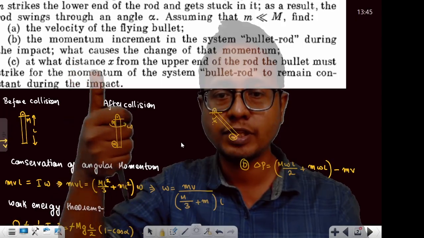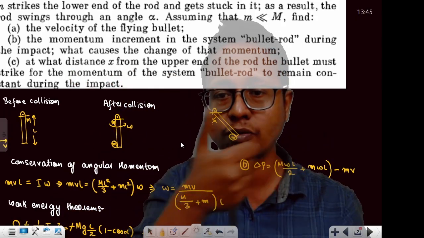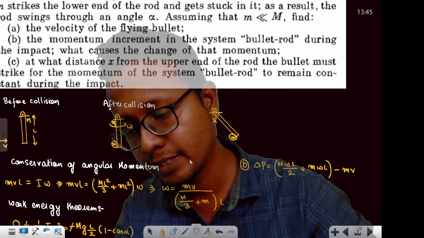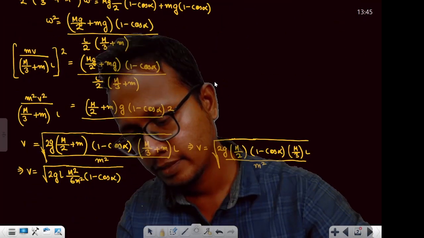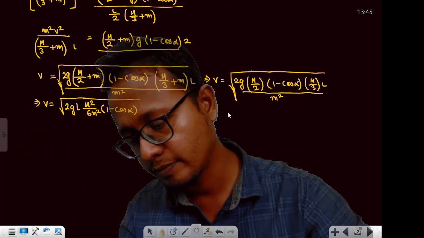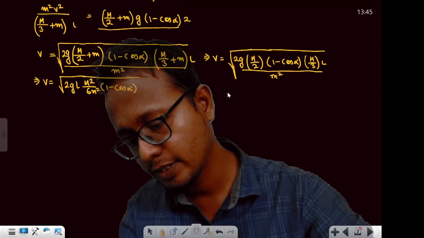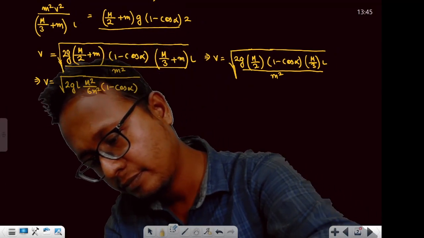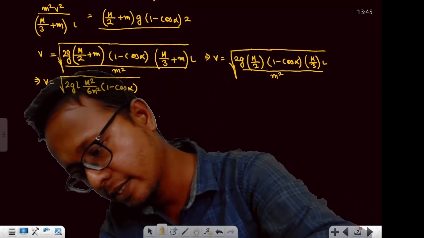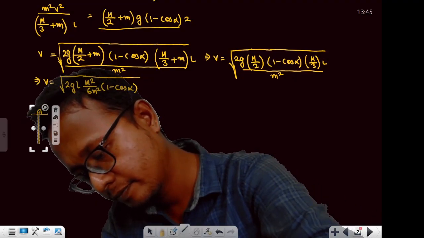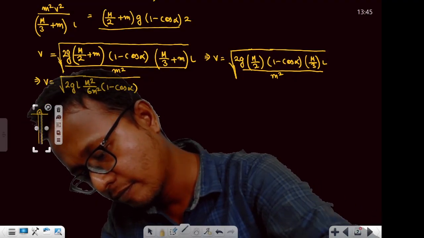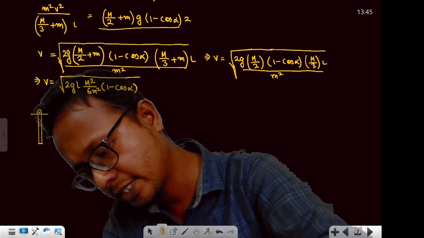Now the third part of the question: at what distance x from the upper end of the rod must the bullet strike for the momentum of the system bullet-rod to remain constant during the impact? So let's see part C. Suppose the same system was there. This is the hinge, this is the rod of mass m, and this was static.